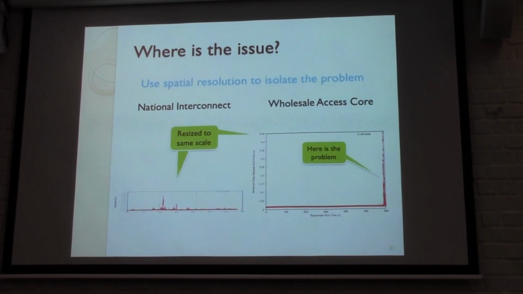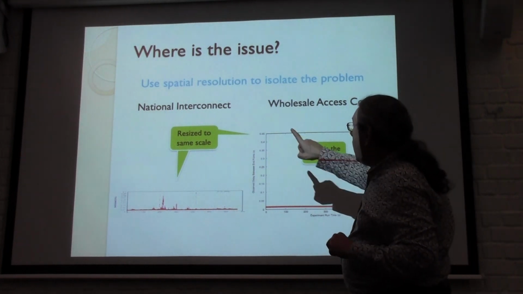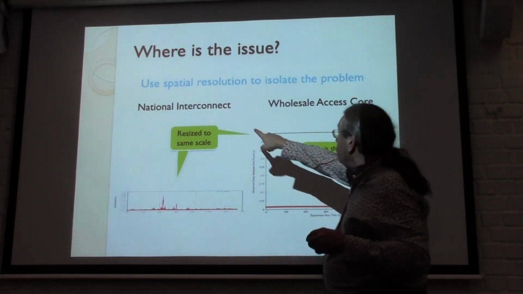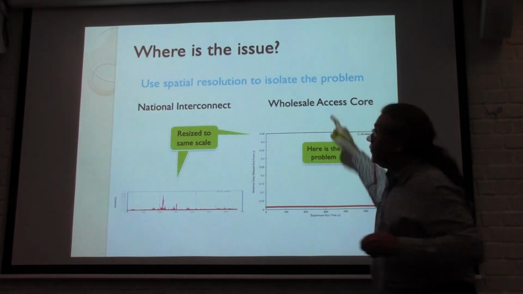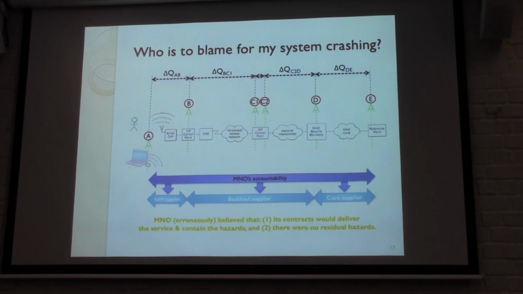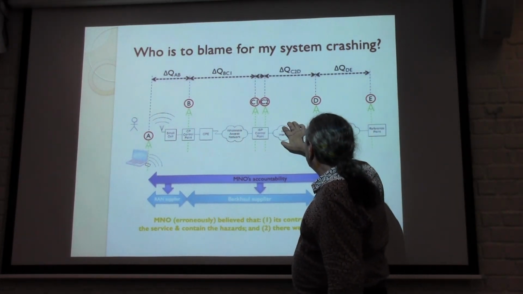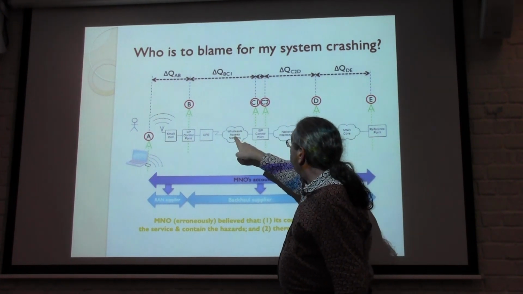Luckily we have some intermediate points. Internally, we have the national interconnect and the wholesale access. Let me very quickly go back. Here, in the downstream, we have the national interconnect going to the wholesale access.